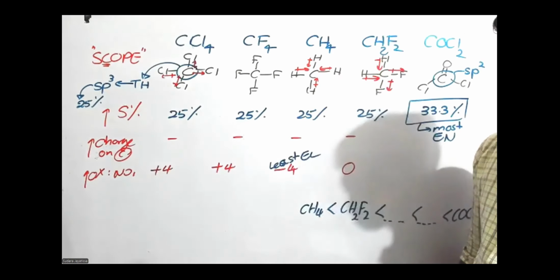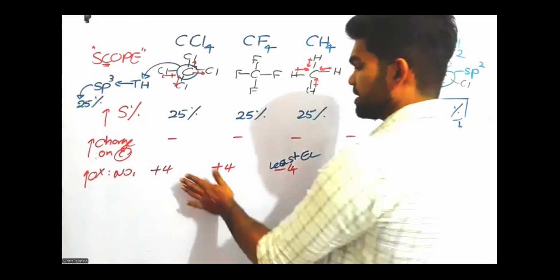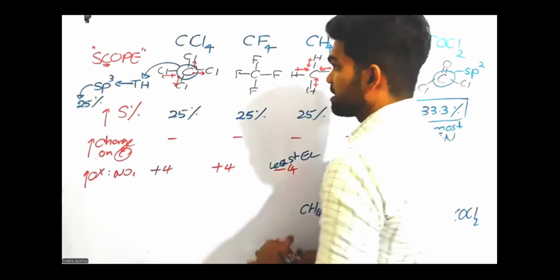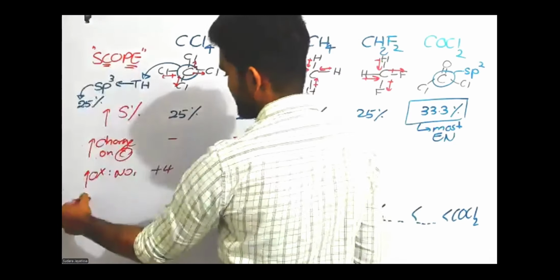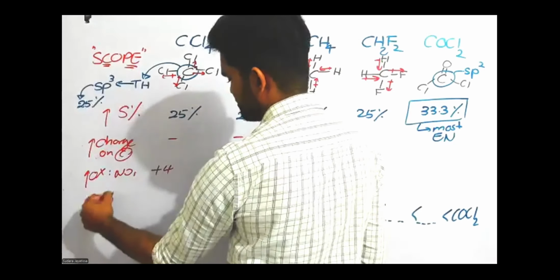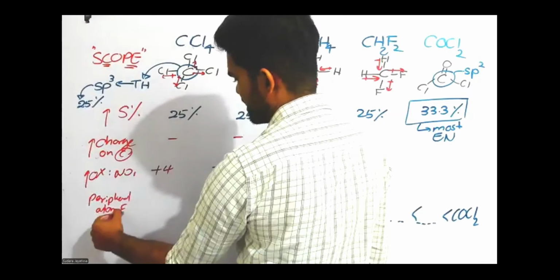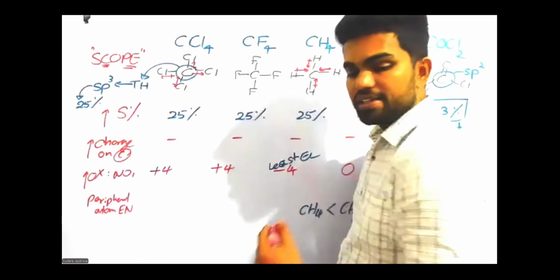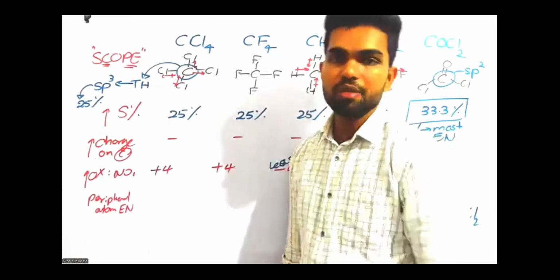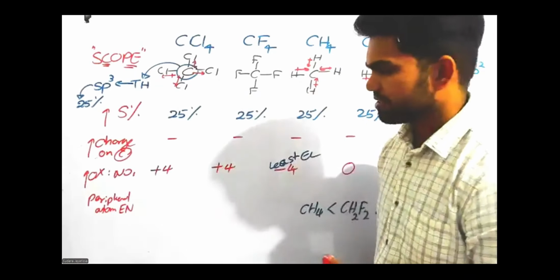Right now, to decide the higher electronegativity, you have to go for the last point. PE. What is PE? Peripheral atom electronegativity. If the peripheral atom is more electronegative, the central atom is also going to be more electronegative. That is the logic.